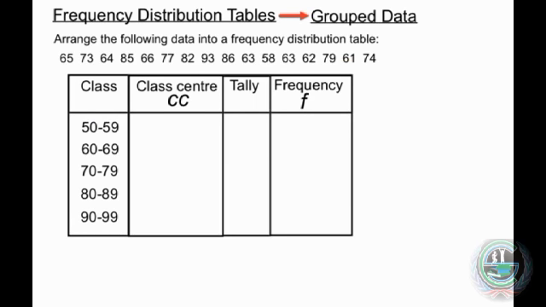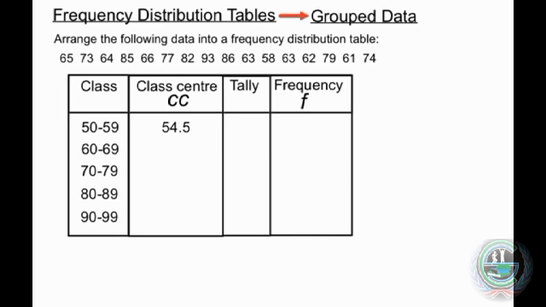The way to get that is to add the two edges of the group together: 50 plus 59, divided by 2, gives the center of that class. It's like the center of that group each time. 54.5 we're going to quote as the class center.